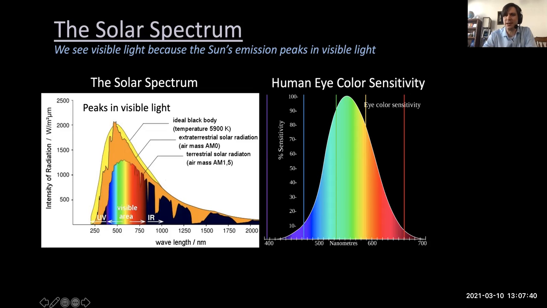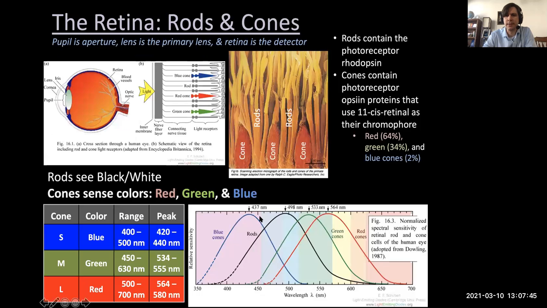And just to overlap that, we could go ahead and take a look at all of these sensitivities. So here we have our blue, our green, and our red. The black right here is the black and white from our rods. So we have all of those, but let's just pay attention to the blue, the green, and the red, and put them all together.